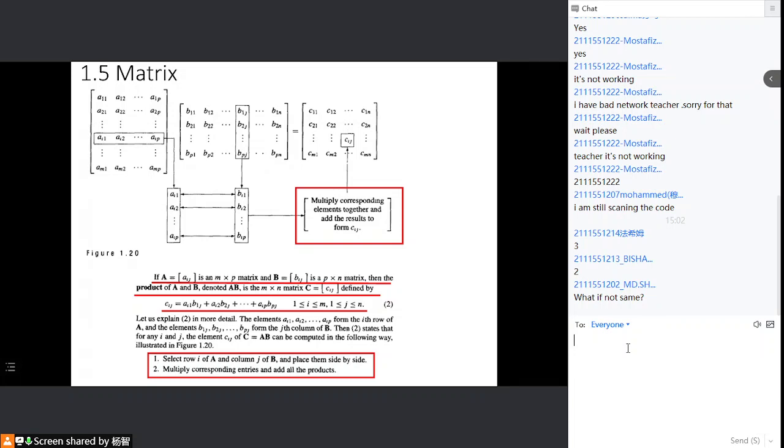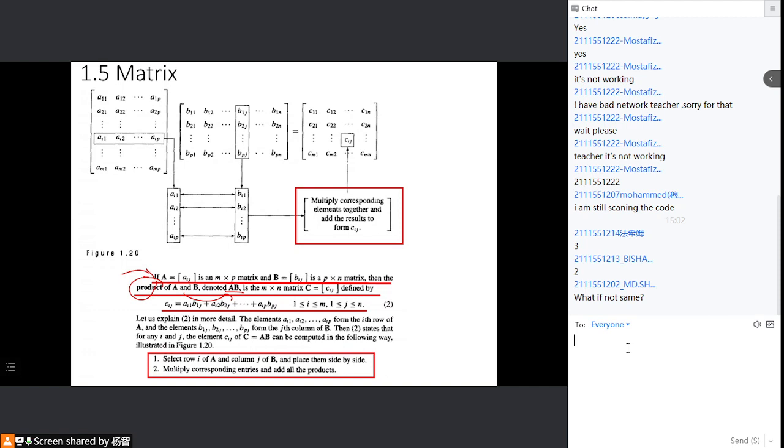That's the sum of two matrices, but how do we multiply two matrices? This is more complicated than the sum of two matrices. Okay, look at this paragraph. If matrix A is m by p and matrix B is p by n, then the product of matrices A and B is denoted AB.